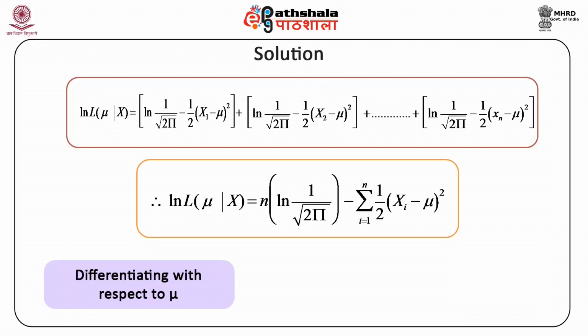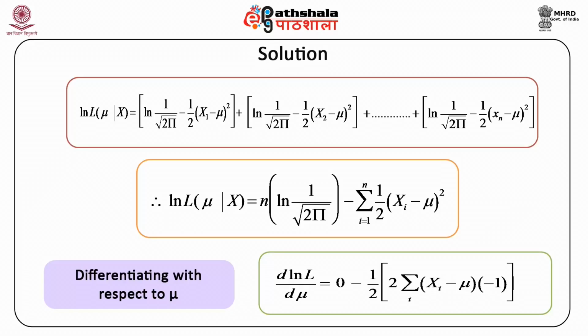Differentiating with respect to mu, we obtain the derivative of ln L upon the derivative of mu, which is equal to 0 minus half into 2 into summation (xi minus mu) into minus 1.